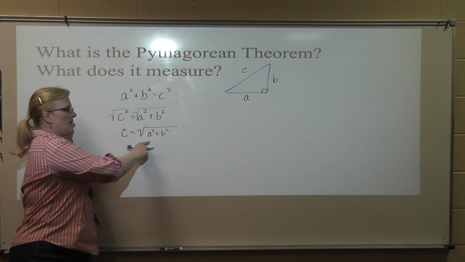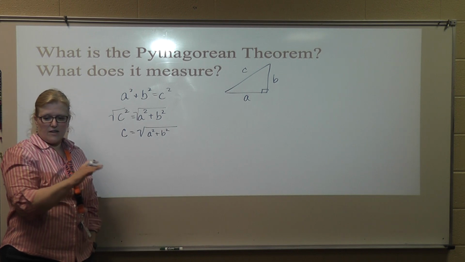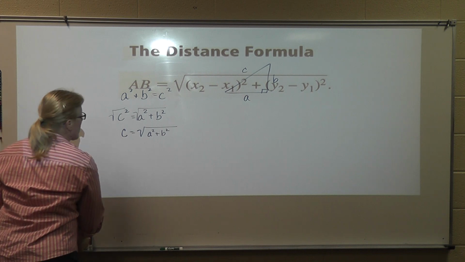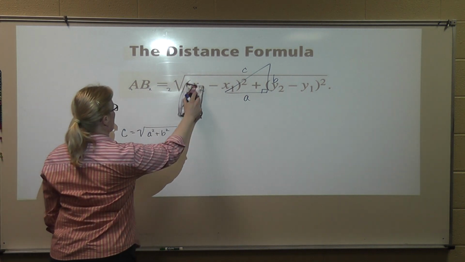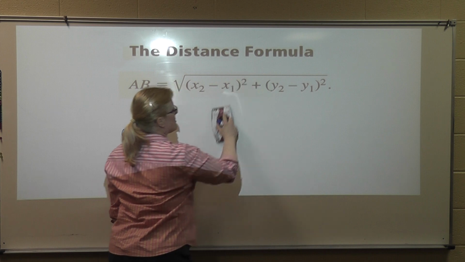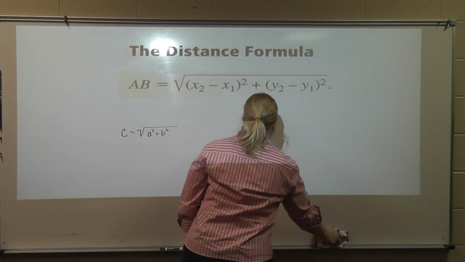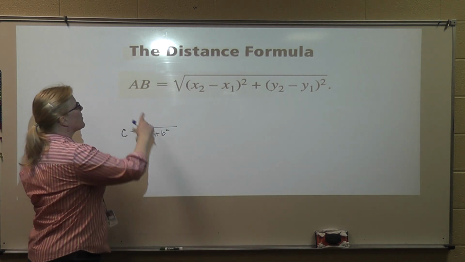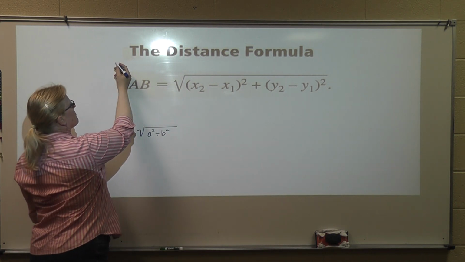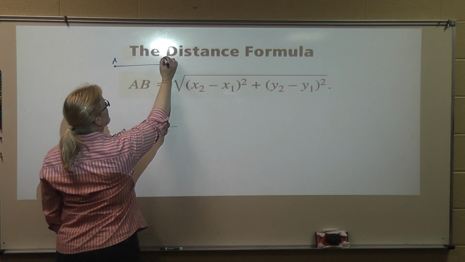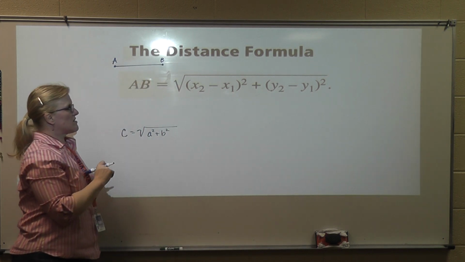Okay, so just take a little snapshot of that in your head, because this next slide shows us the distance formula. I'll even leave that up right there. Distance, it's a length, right? So say we're given a segment AB, and we want to know the length of this.